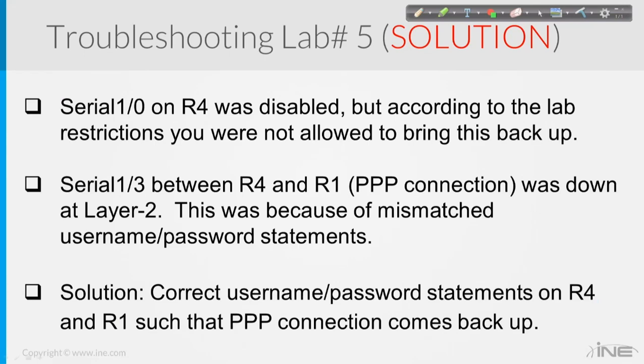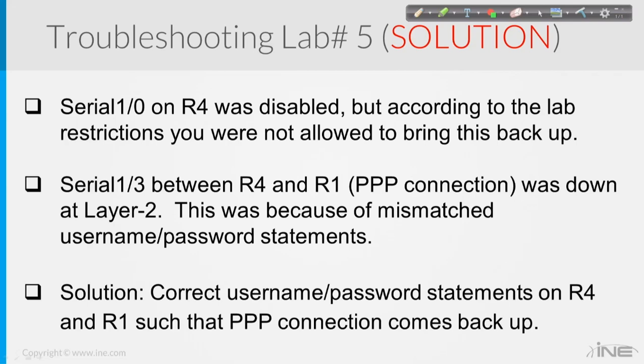So here is the solution to troubleshooting lab number 5. We saw that the serial 1/0 on R4 was disabled, which was the physical connection leading us into the frame relay cloud. But according to our restrictions, we were not allowed to change anything at the physical layer, so that prevented us from bringing this up. So we pretty much had to learn all of our routes across the PPP connection between R4 and R1.